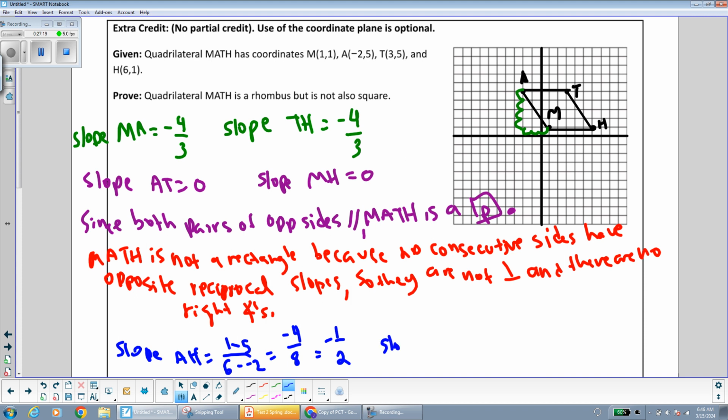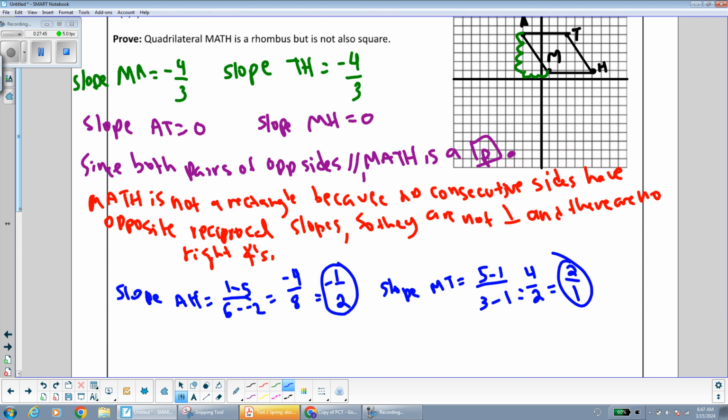And I'm also going to find the slope of the other diagonal, MT, and that's going to be y2 minus y1 over x2 minus x1, which is 4 over 2, which reduces to 2. And another way of writing 2 is 2 over 1. And as you can see, these are opposite reciprocals of each other.